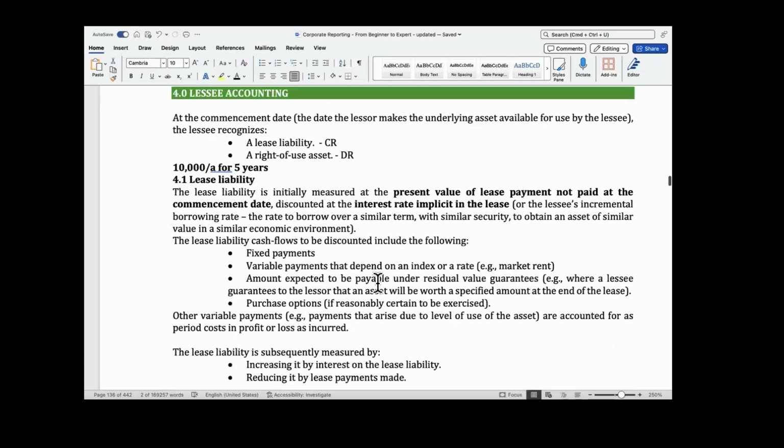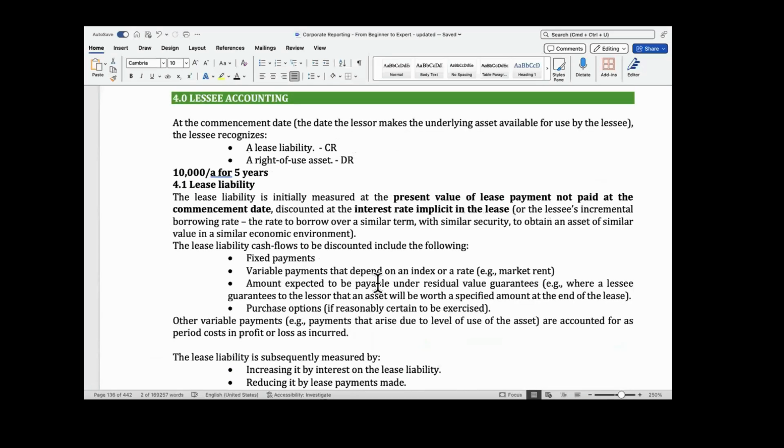Now, when we have a lease, remember, there are two parties involved. There is the lessee and there is the lessor. Now, those two parties, how do we account for each of them?